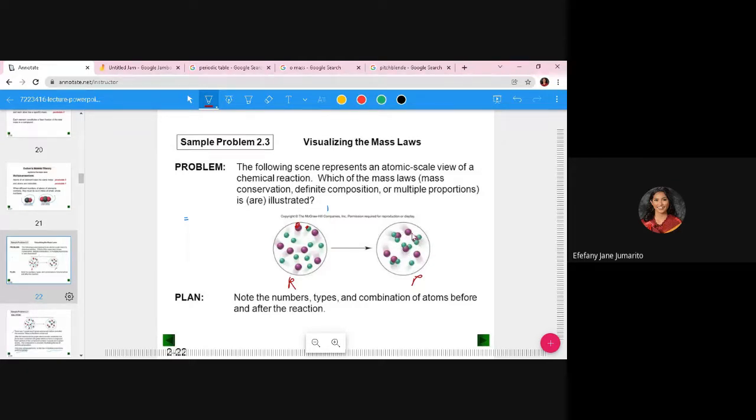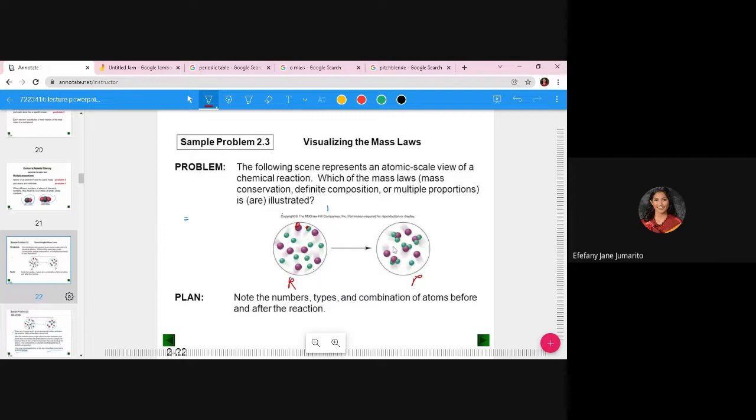The same composition, and the same number of purple. The composition applied here is that the same elements are present. We have purple and green on the reactant side, and on the product side we also have purple and green.